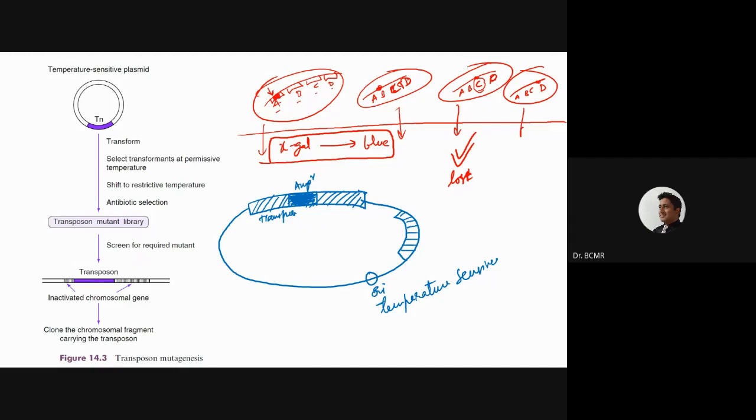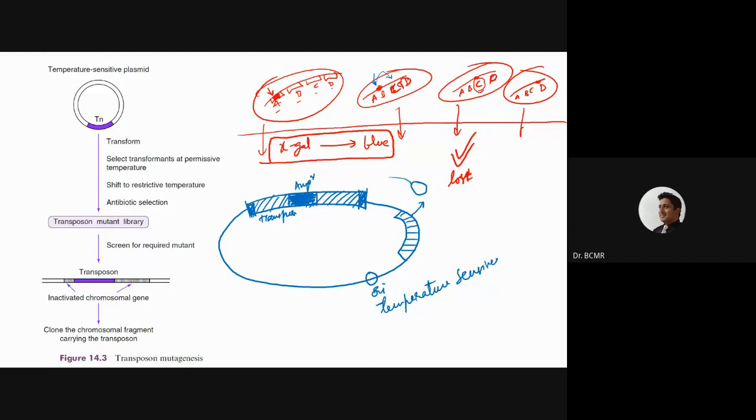We are not having the transposon with the transposase gene, because at one time it is like here, in another time it might jump to some other location. That will complicate our analysis. So we are putting it on the plasmid. So this should produce the transposase enzyme that will recognize the inverted repeats at the ends of the transposon, will cut and will move this from here to some other place.